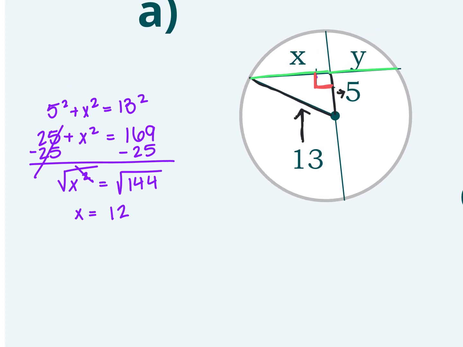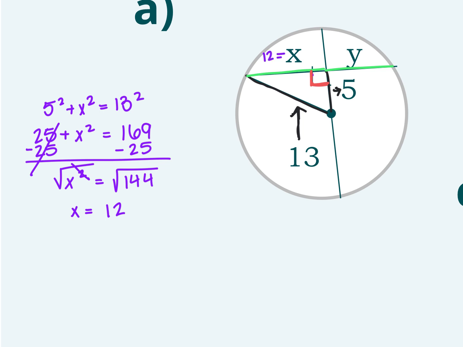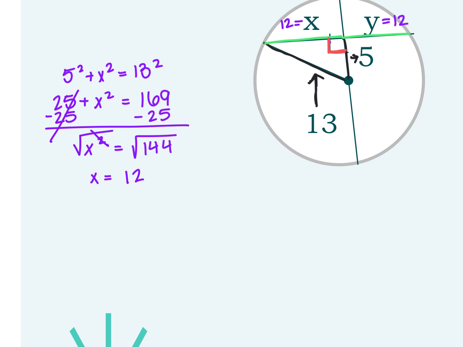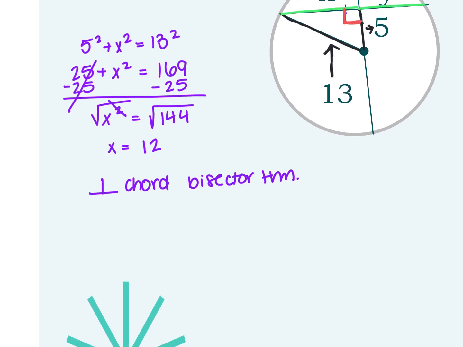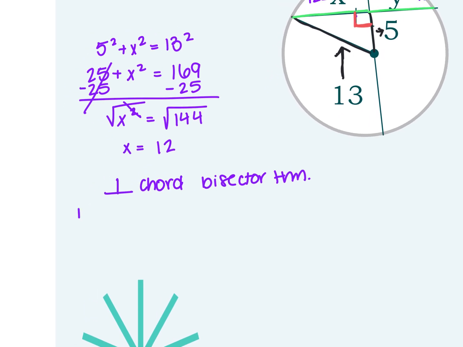12. Okay, so if X equals 12, I know that Y also equals 12, and I'm going to write down how we know. This is by the perpendicular chord bisector theorem. And just writing what that is, so we have it.